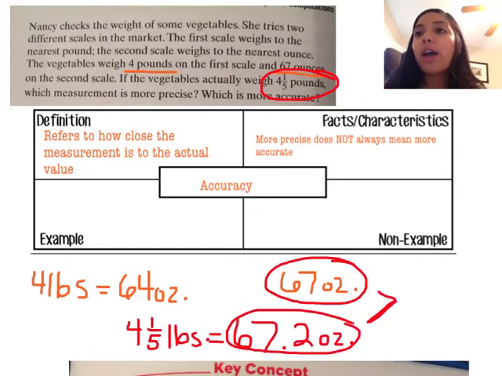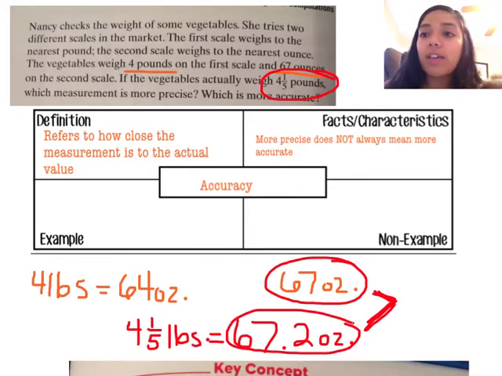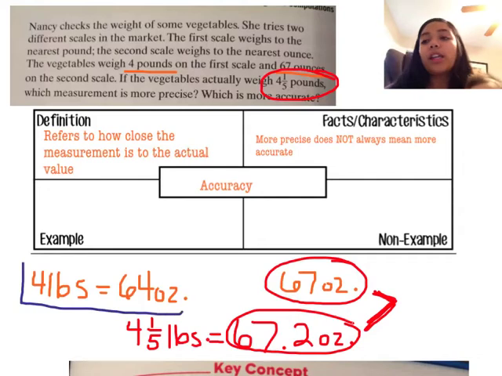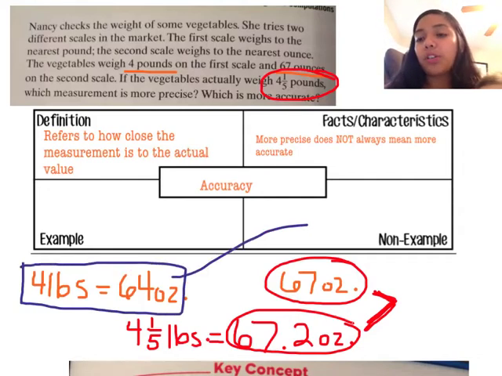Well, if the vegetable actually weighs 4.5 pounds, so 4 and 1/5 pounds, 4 1/5 pounds equals about 67 2/10 ounces, which means that in this case, precision and accuracy are the same. So I know that's kind of funny to put in your example box, but I want you to go ahead and put this in your example box.